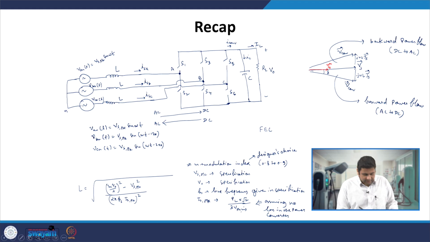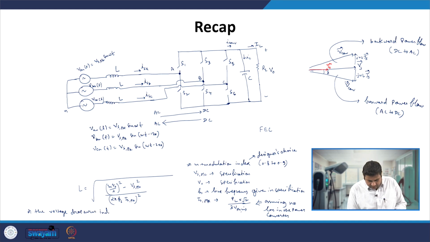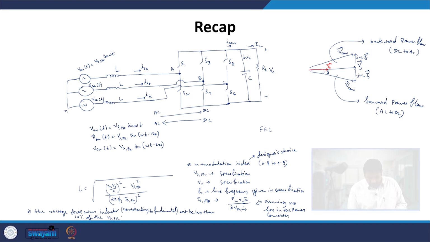And once we know the L value, we must ensure that the voltage drop across the inductor, corresponding to the fundamental frequency, must be less than 10% of the input peak voltage.